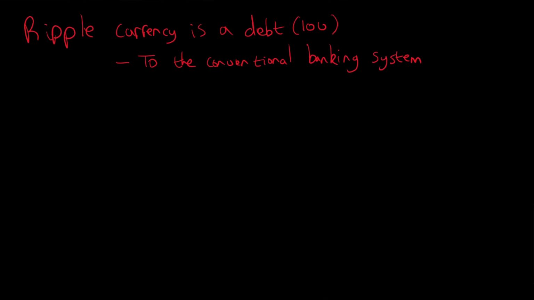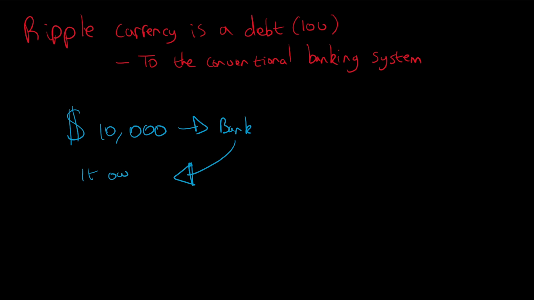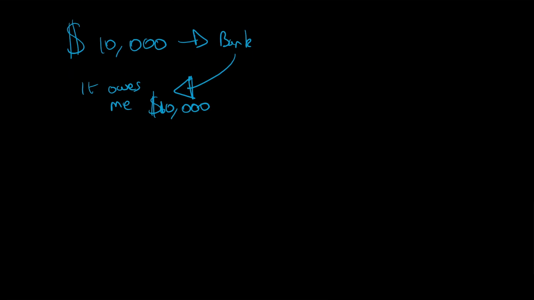So take this example. If I have $10,000 in my bank, what I actually have is the bank saying to me it owes me $10,000. So I don't actually have $10,000 anymore. It's saying it owes me $10,000. That's essentially how the conventional banking system works.